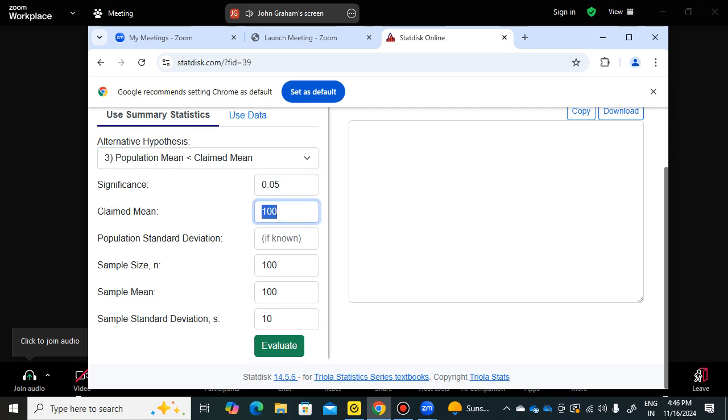Claim mean is 98.39. We don't know the population standard deviation. The sample size is 12. Sample mean is 98.39. And the sample standard deviation is 0.535. And we evaluate.